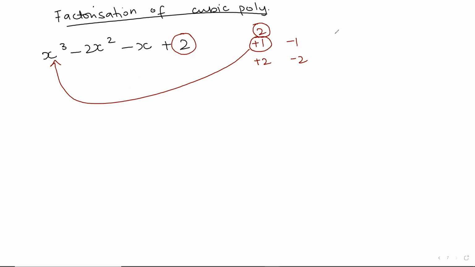First let's put 1 in the place of x and tell me, are you getting 0? So we have 1 cube minus 2 times 1 squared minus 1 plus 2.